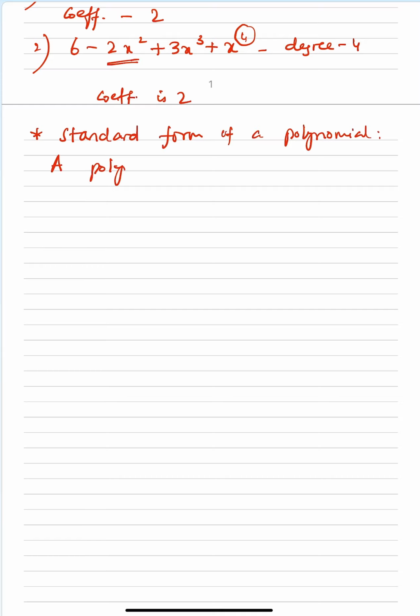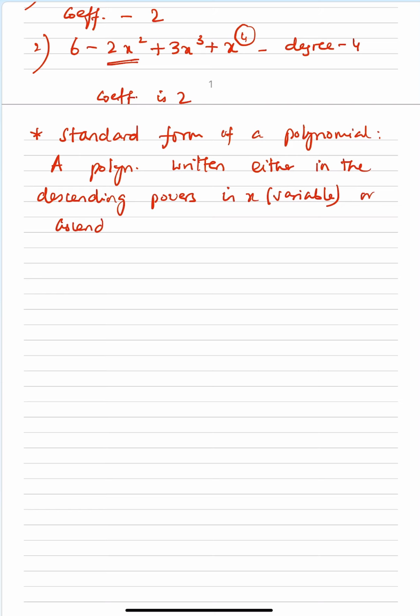So we can write that a polynomial written either in the descending powers in x, that is the variable, any variable, not only x, any variable given, y, u, t, any, or ascending powers of the given variable is called the standard form.